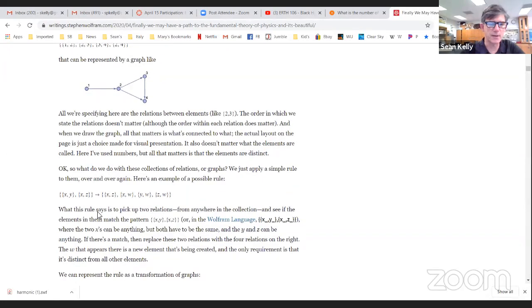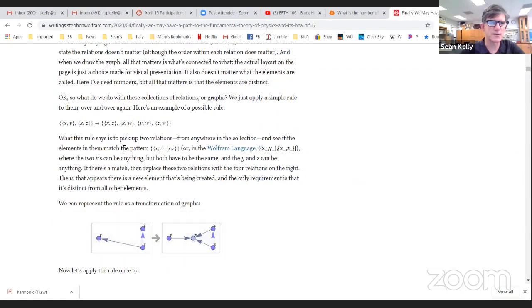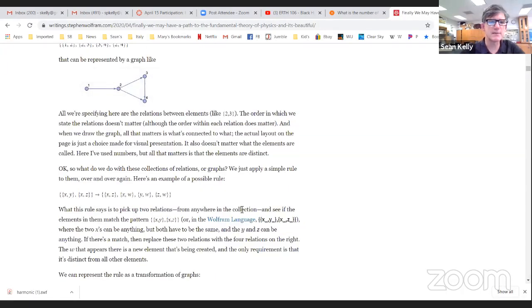And what he does is he says that you take this simple thing and you complexify it. Okay, so then what you do is you find a way to transform it, right? With a few rules, a very, very simple set of rules. So here's one rule. It says that if X is related to Y and X is related to Z, here's a transformation that you can make, okay?